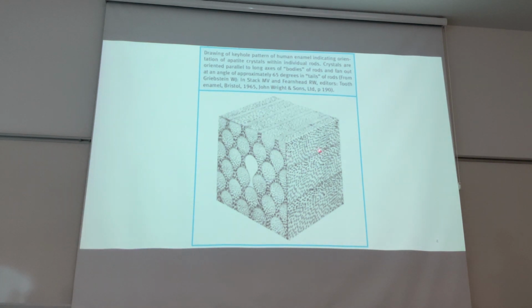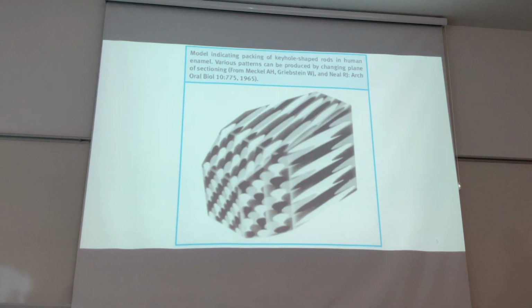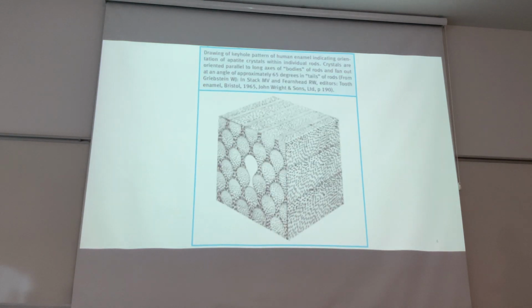You can see these crystals. Because of the orientation of these crystals in the inner side of the key-like structure, you can see this shape in the structure of enamel. Look at this part. Here you can see the inner side of the key structure, for example here.